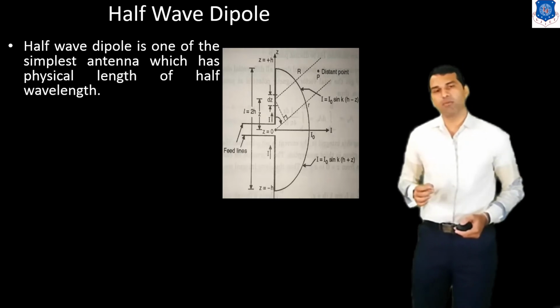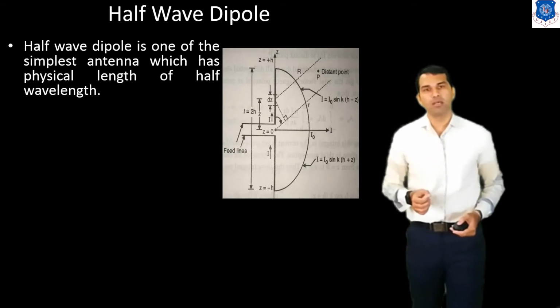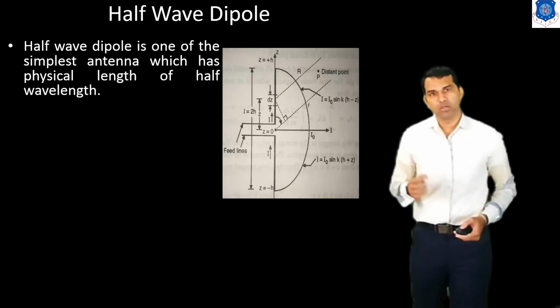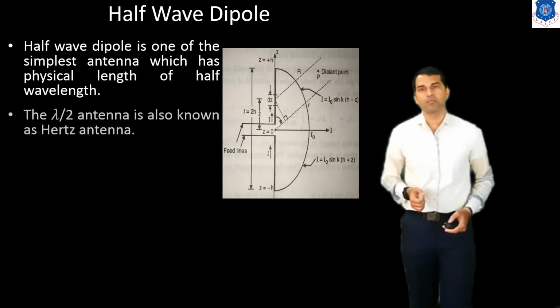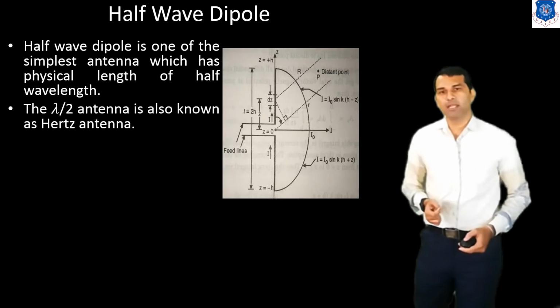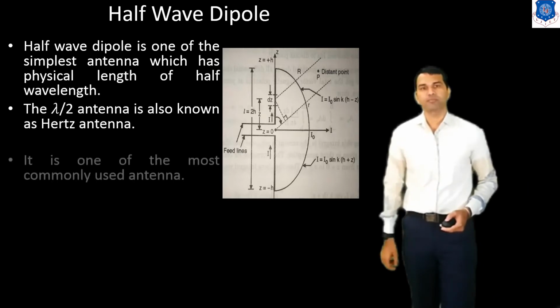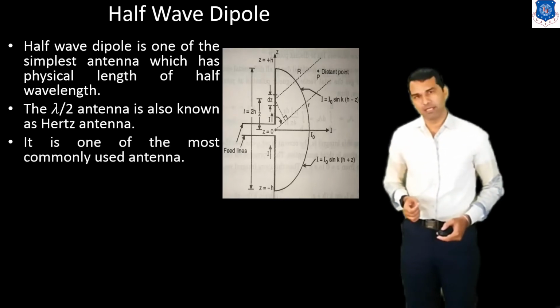That is why the name half wave is given. Lambda is the wavelength, and when L is equal to lambda by 2, that antenna is known as the half wave dipole antenna. The lambda by 2 antenna is also known as the Hertz antenna. It is one of the most commonly used antennas.